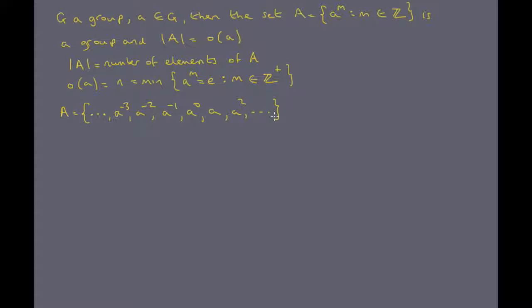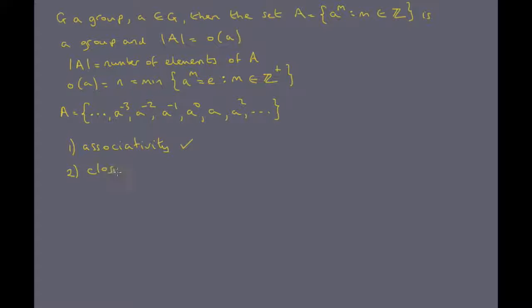So this is our set A. Now to show this as a group, we'll use the group axioms. So first of all, associativity. Well, this is straightforward because associativity is just inherited from the group G.